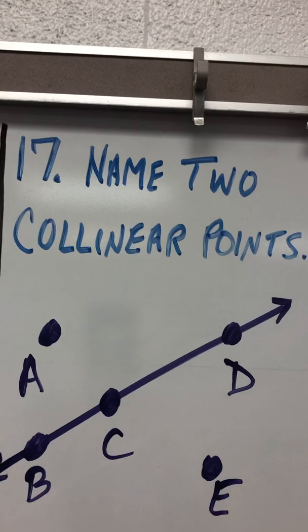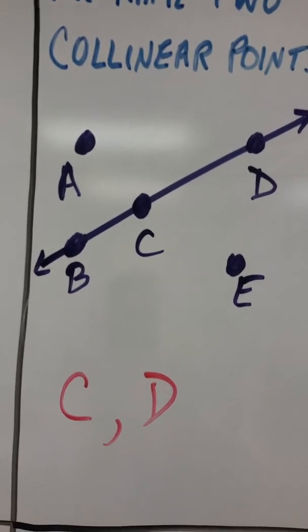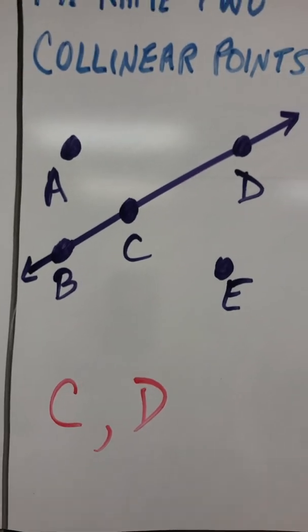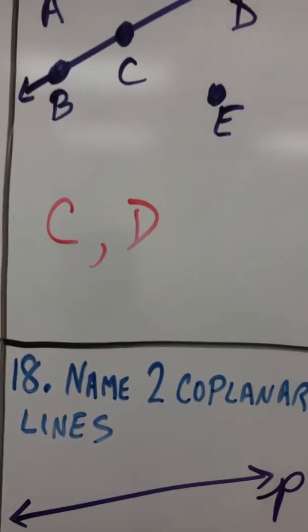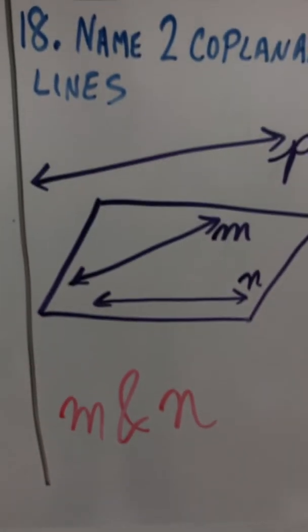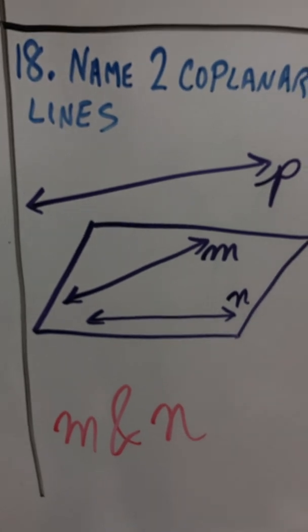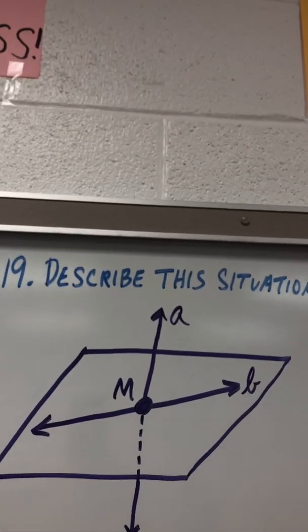Name 2 collinear points. How about C and D? B and D, B and C. Name 2 coplanar lines. Line M and line N. Describe this situation.